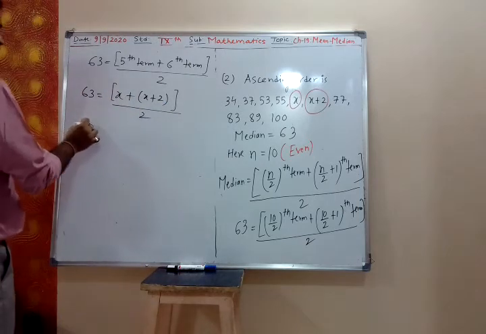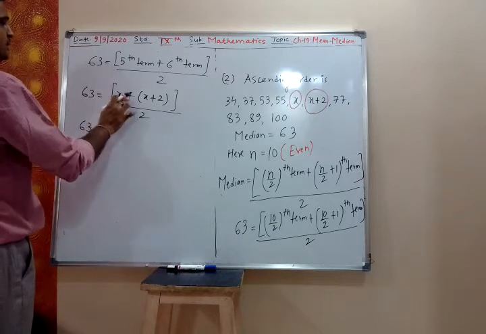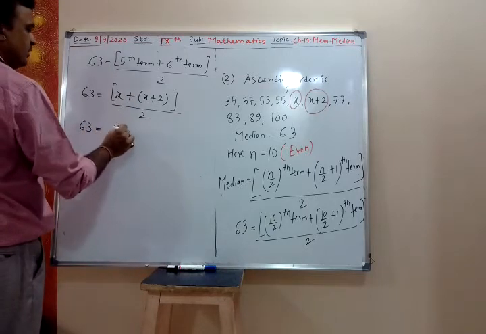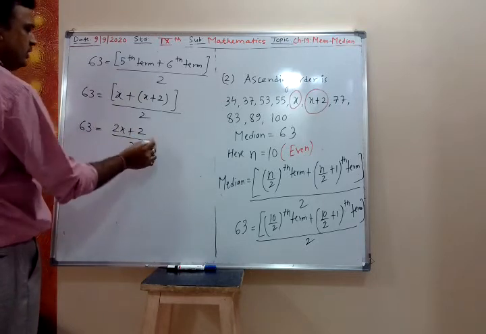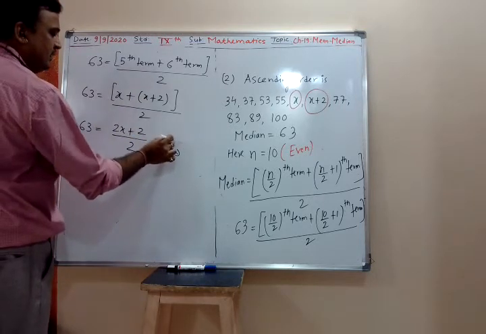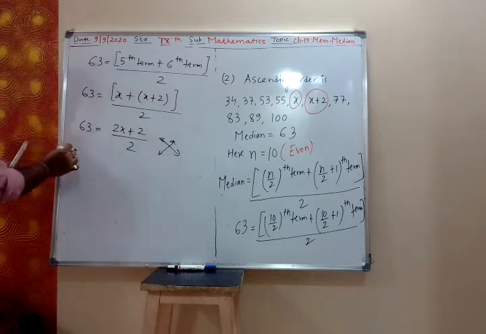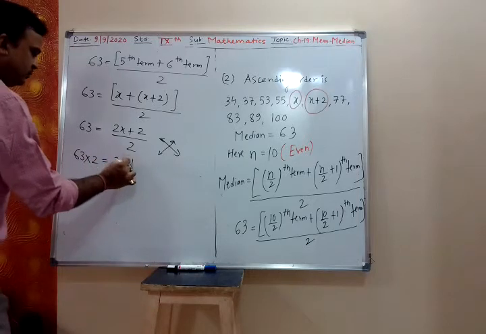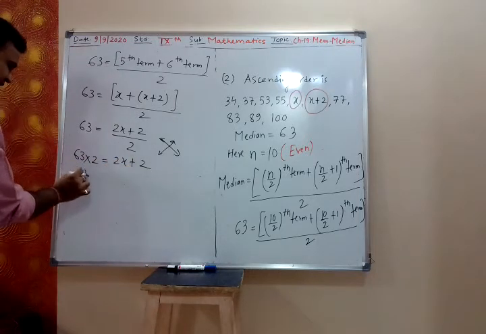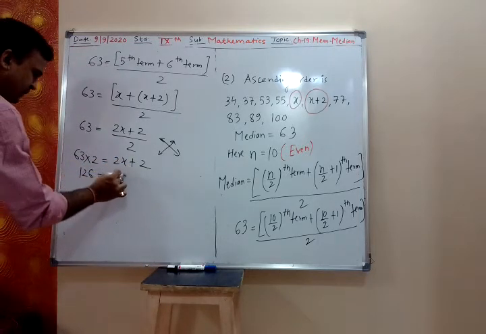So 63 is equal to, you can simplify the numerator, x plus x, 2x plus 2, divided by 2. Now cross multiply. 63 into 2 is equal to 2x plus 2. That is 126 is equal to 2x plus 2.